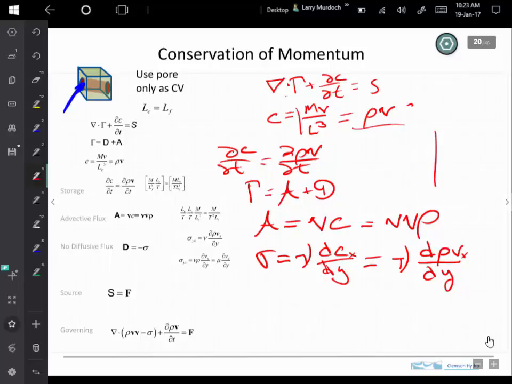So let's say we've got a fluid that's flowing in the x direction. Okay, so this is Vx, and this is y. If we just say the density is constant, so we don't have to deal with that, the gradient of Vx with respect to y is how the velocity changes in the y direction.